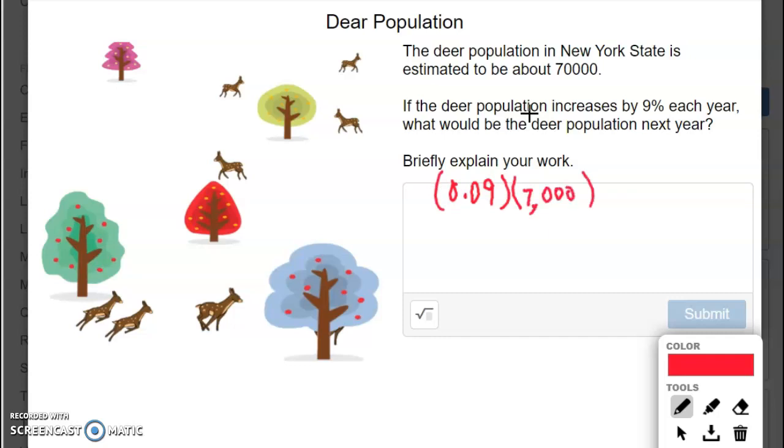Okay, 1% is going to be 700, because I can move the decimal place 2 places to the left, and then multiply 70 times 9 is going to be 630. So I know that by the second year I have 630 more deer. So that's going to be 70,000 plus 630, which is 70,630 deer.